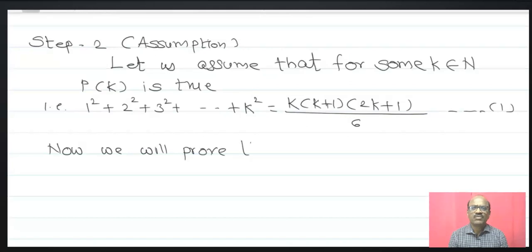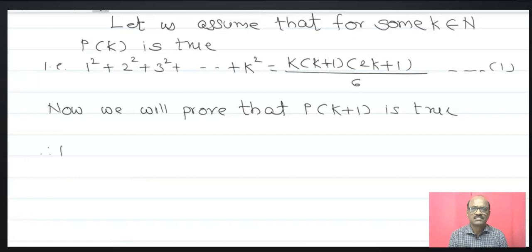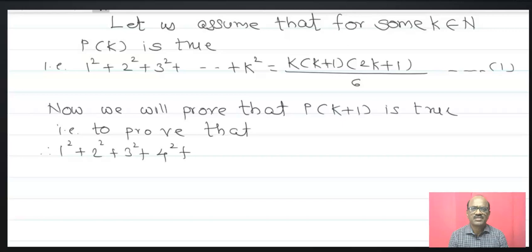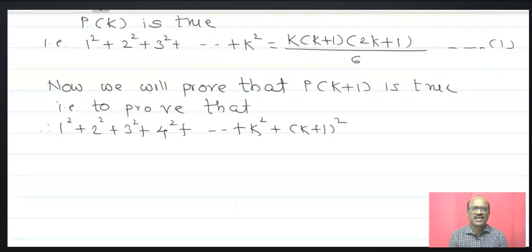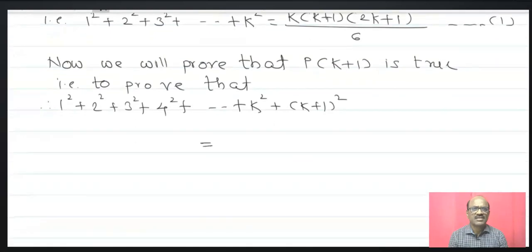Now we will prove that P of k plus 1 is true. That is, to prove that 1 square plus 2 square plus 3 square plus 4 square ... plus k square, and next is (k plus 1) square, and here on the right hand side k is replaced by k plus 1.